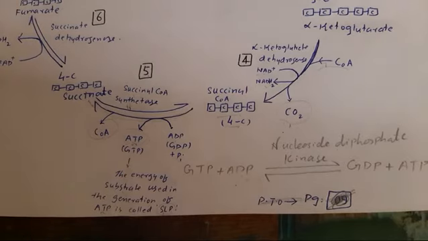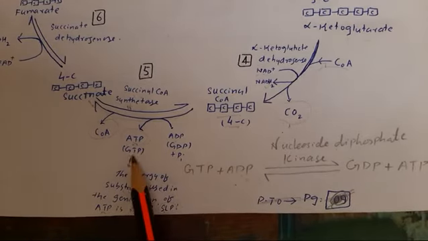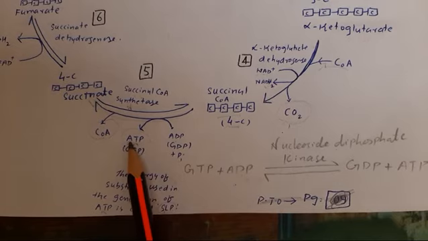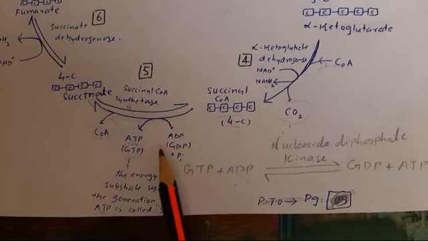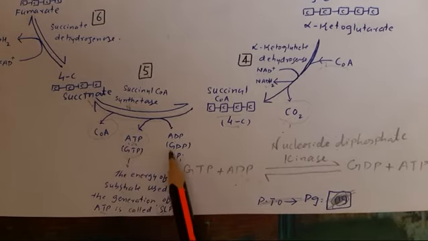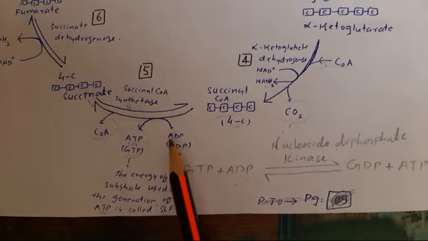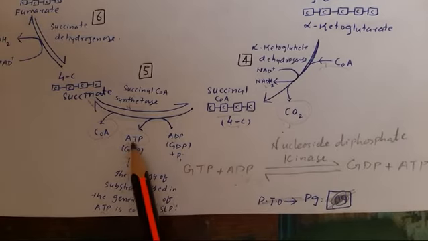While in case of animals, the GTP molecule is produced. As you know, ATP stands for adenosine triphosphate and GTP stands for guanosine triphosphate. ADP, adenosine diphosphate, and ATP, adenosine triphosphate.